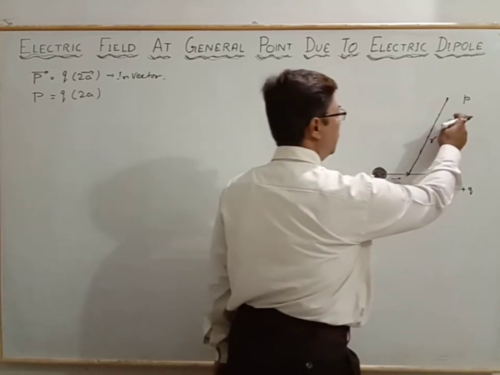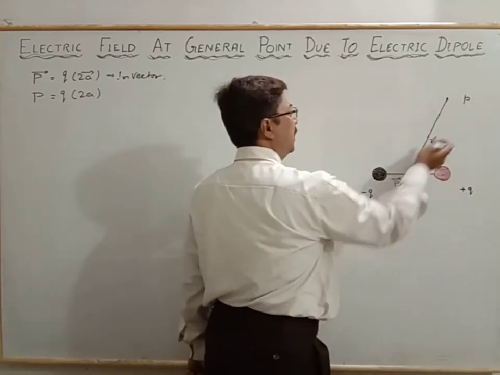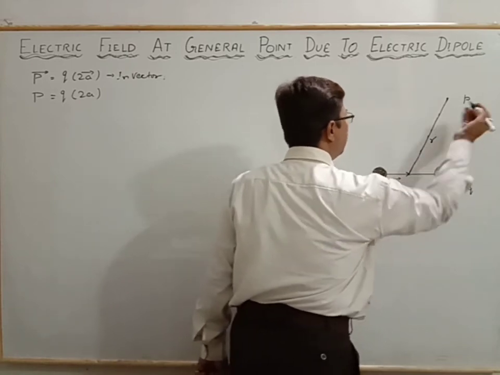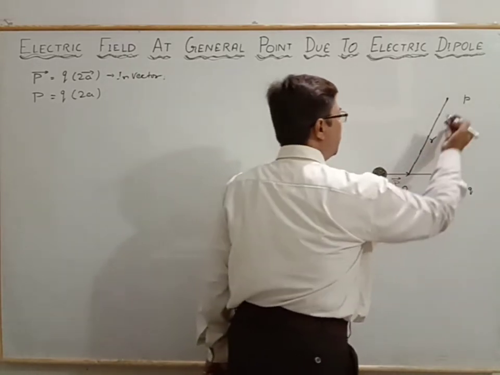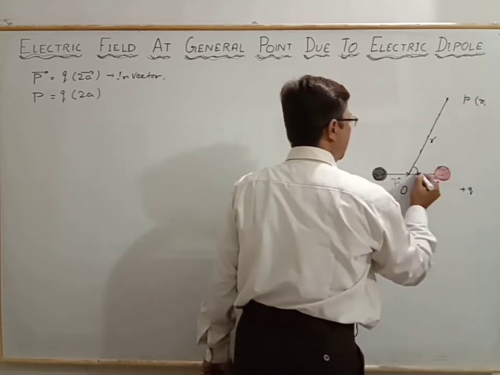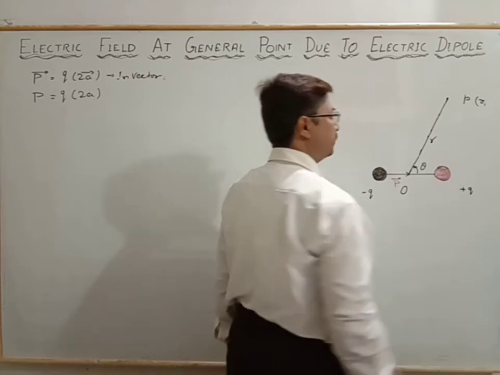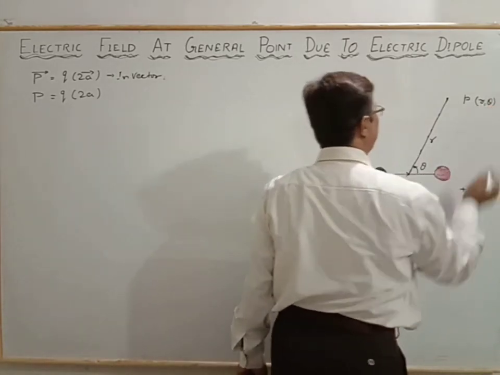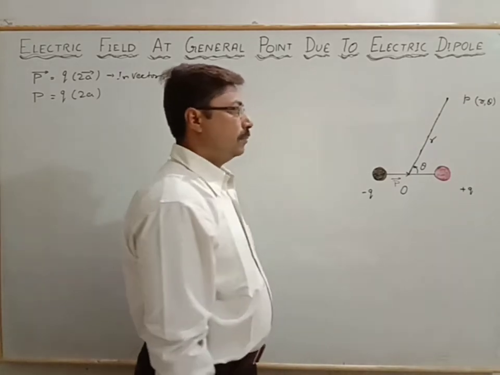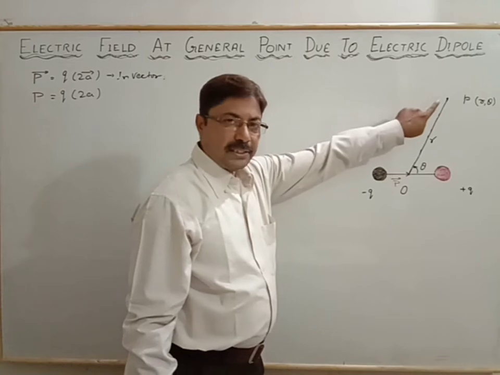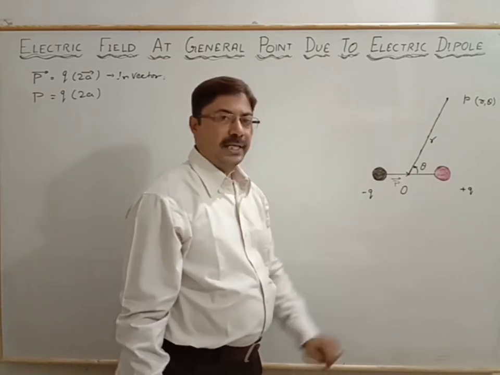That is the general point outside the dipole. That point has the location of distance r at angle theta. So we write r and theta as the location of point P, where we calculate the electric field.